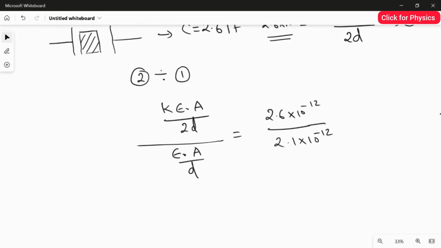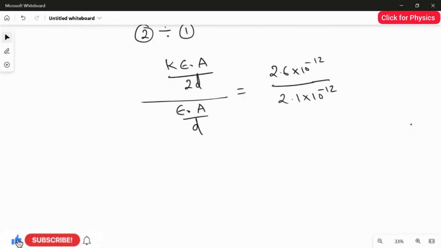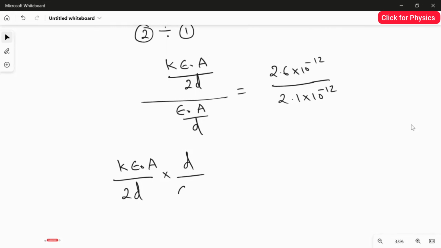So let's rearrange this equation because this is in division form. When you rearrange this equation, K epsilon naught A over 2D is multiplied by D over epsilon naught A, and here you can cancel the pico, so you will get 2.6 over 2.1, right?